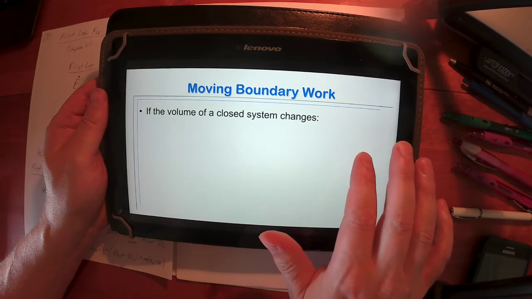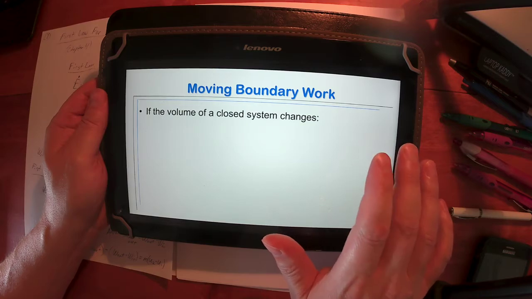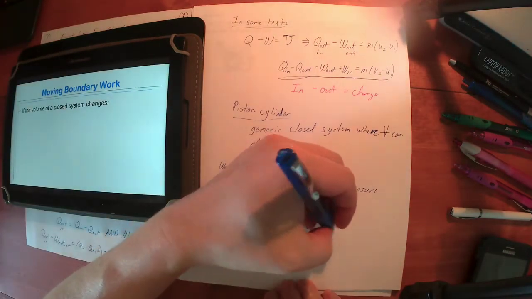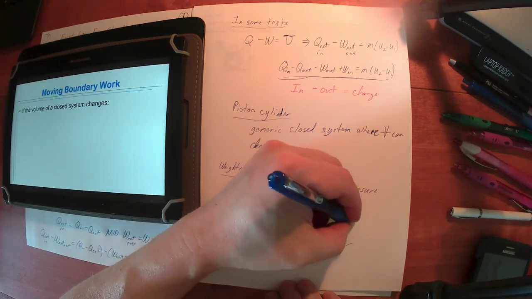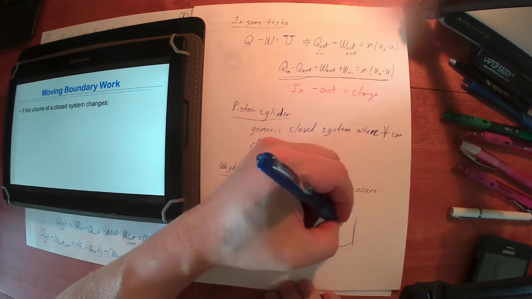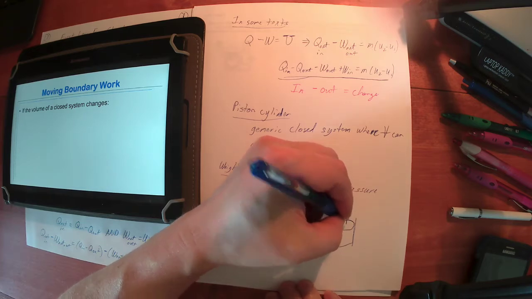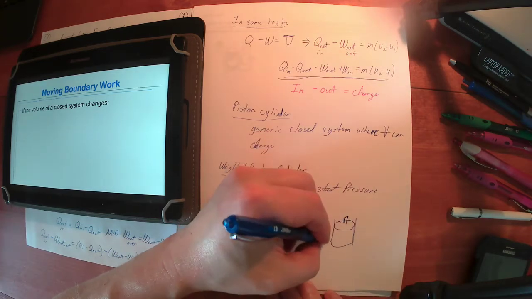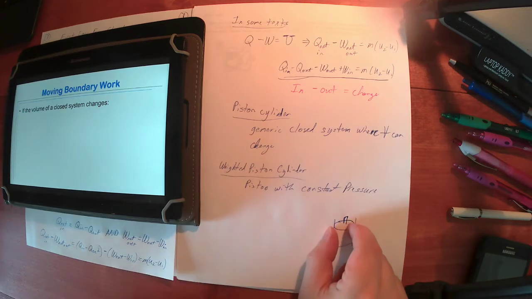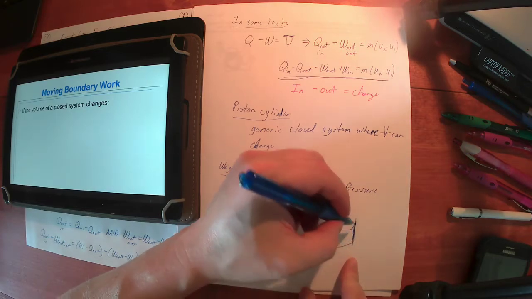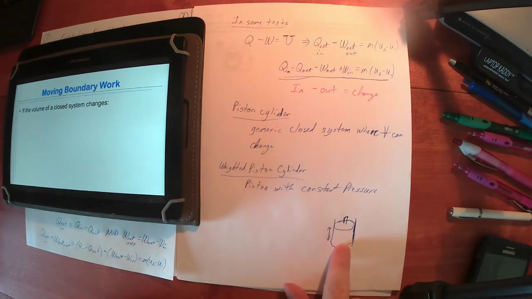One of the types of work we can encounter is moving boundary work. The idea is if I've got a piston cylinder, which we'll often just draw as a cross section, I've got this lid that can be pushed up and down within the cylinder. That means I can change the volume in here.